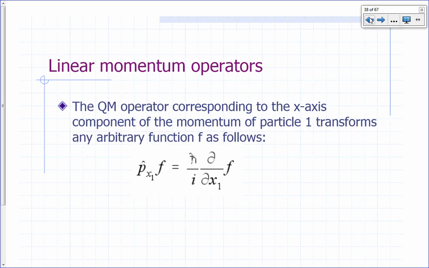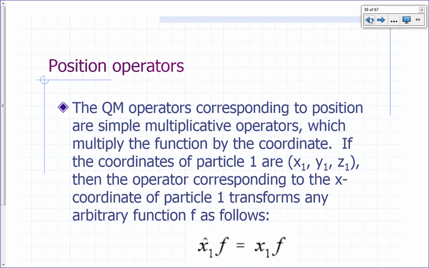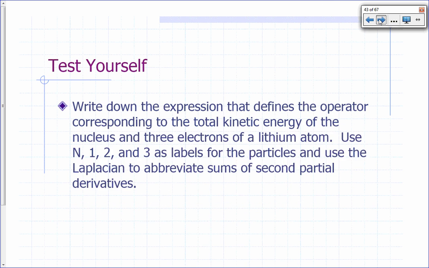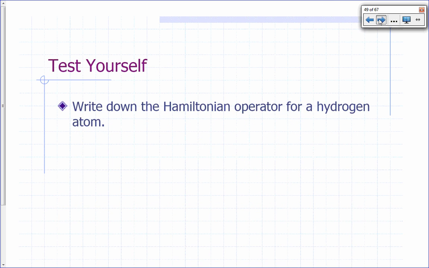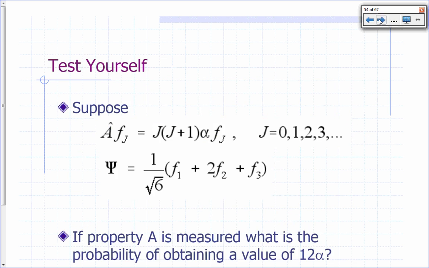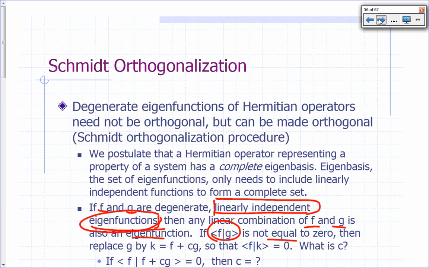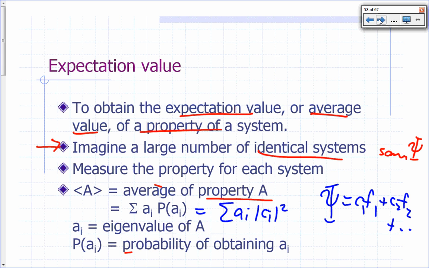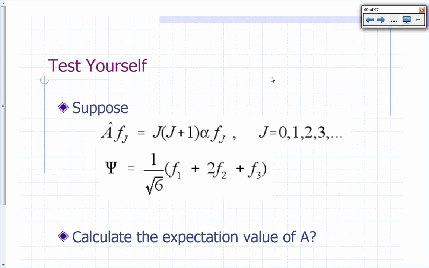The corresponding quantum mechanical operator for a coordinate is just a multiplicative operator. Okay? All right. So that's how you get expectation value.